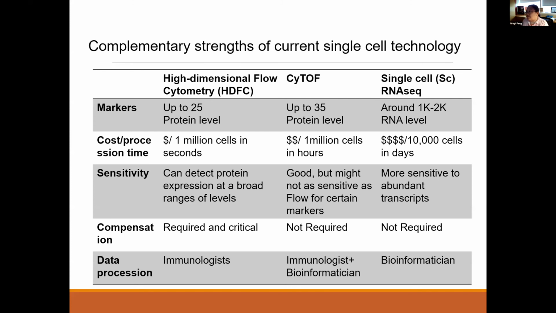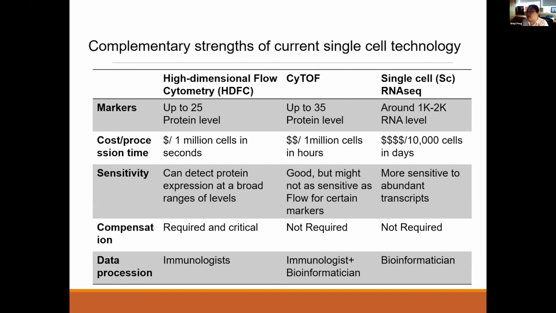As we advance and have more fluorochromes, this number can probably go up. CyTOF right now is up to 35, and single cell RNA-seq currently covers around 1K to 2K transcript levels. And the cost is, as we all know, single cell is the most expensive, and CyTOF is in the middle.